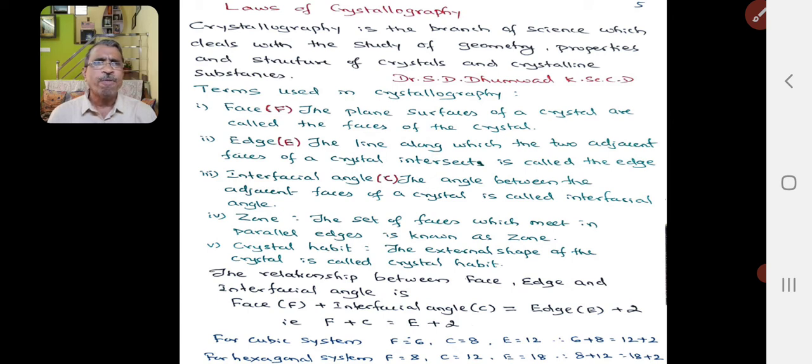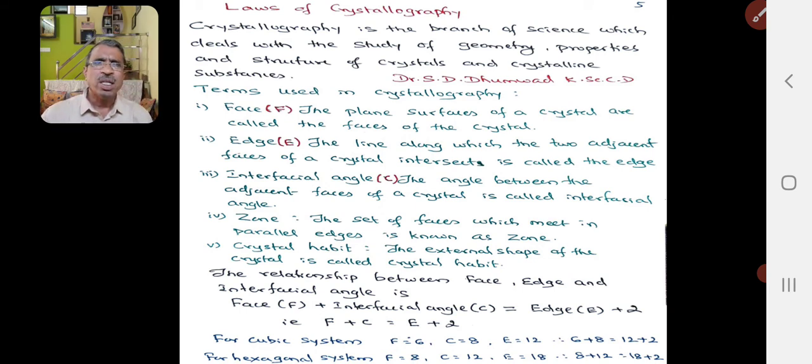A set of faces which meet in parallel edges is known as a zone. The external shape of the crystal is called crystal habit. The relationship between the face, edge, and interfacial angle.